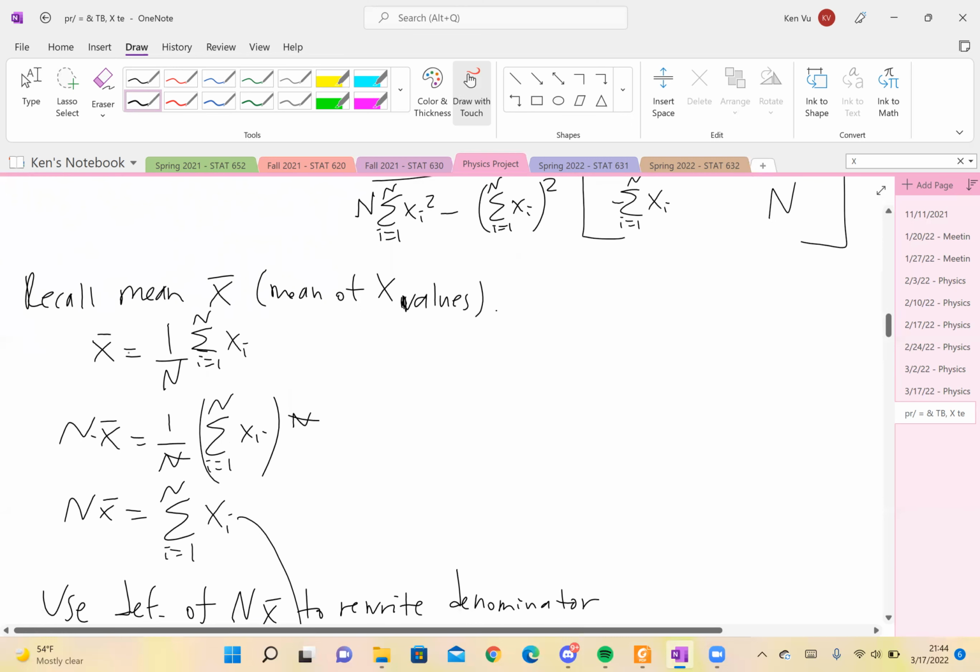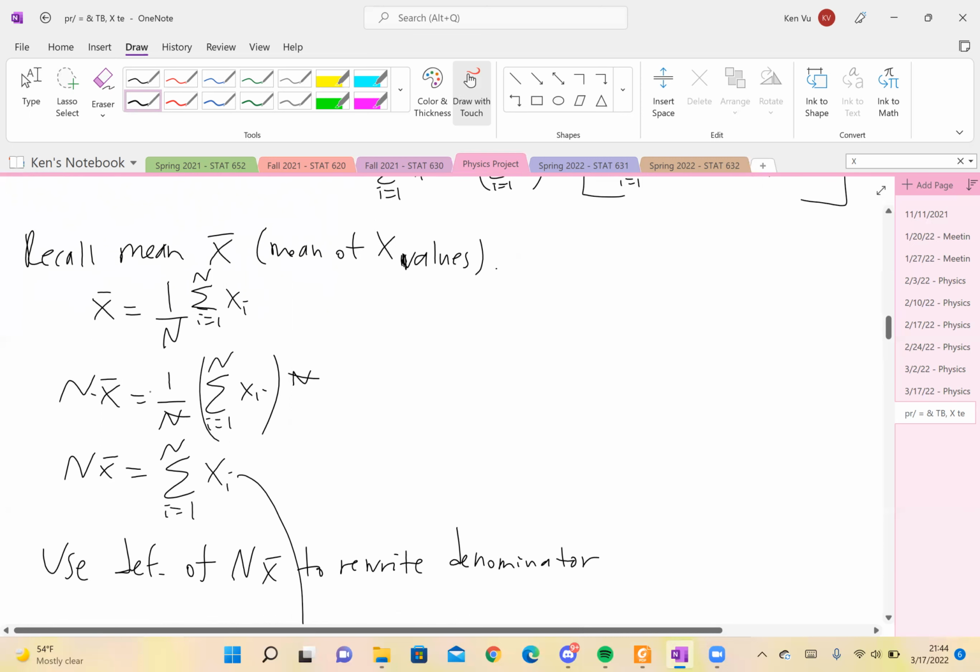So you have this formula right here. Now, if you multiply both sides by n, you get that the sum of the x values is equal to the number of observations times the mean of the x values, x bar.